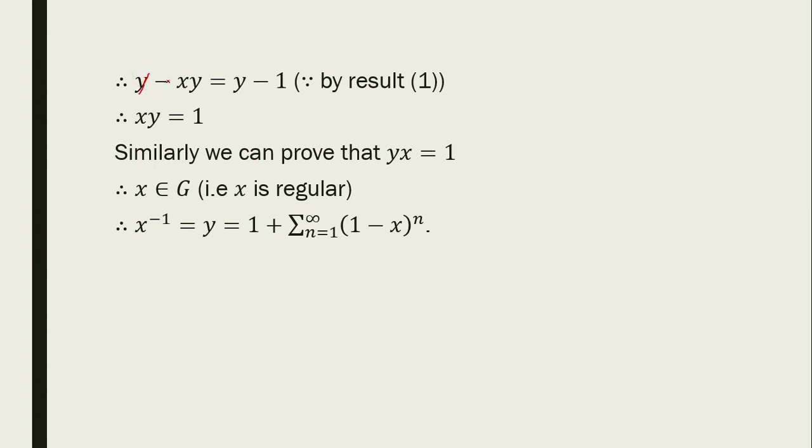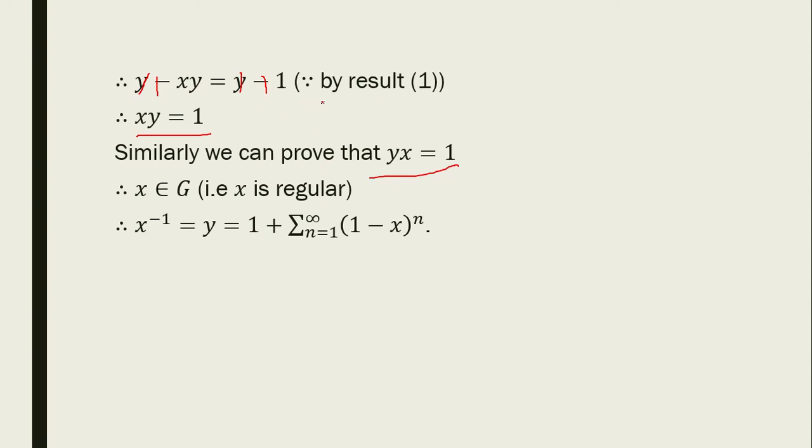Similarly, we can prove that yx is equal to 1. So xy is equal to yx. So this is a commutative algebra, and so x belongs to G, that is, x is regular.